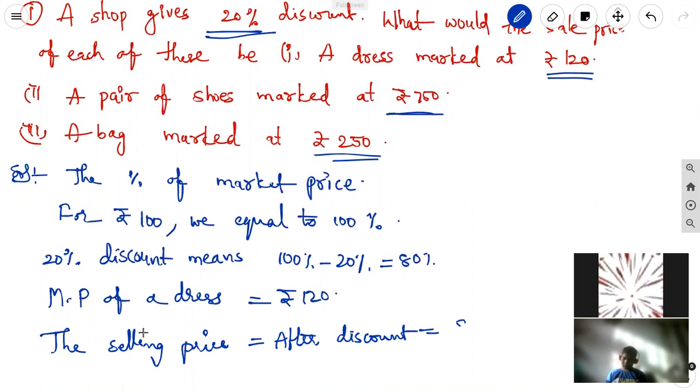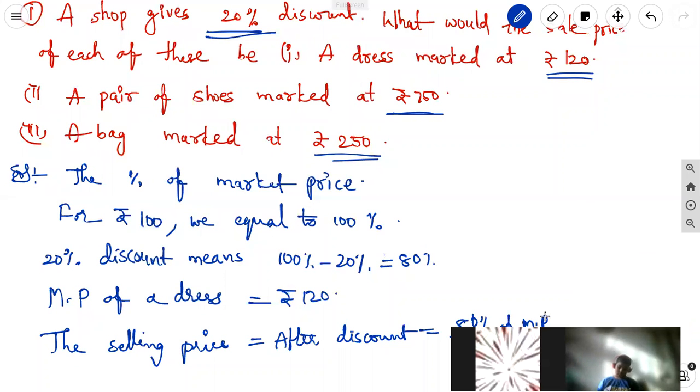That is 80 percentage of market price. Selling price is equal to 80 by 100 into 120 rupees. The zeros cancel. 12 8s are 96 rupees.